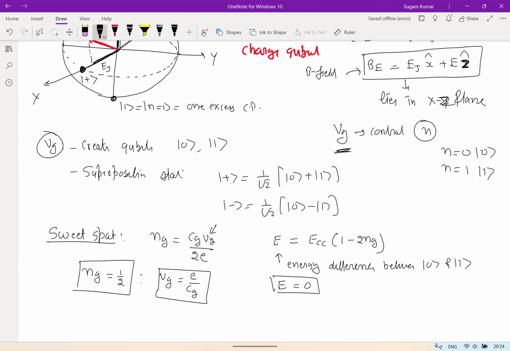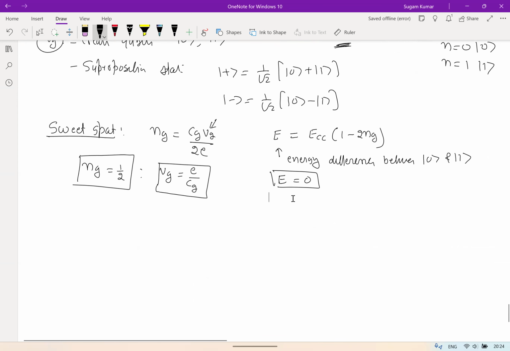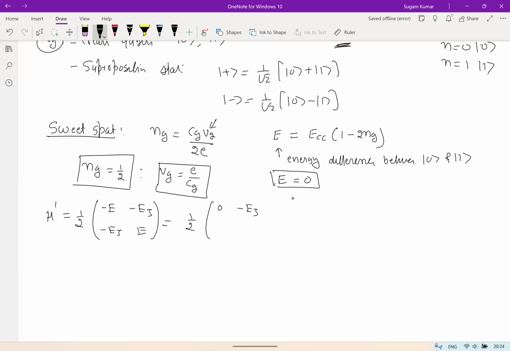If E becomes 0, then look at the Hamiltonian H dash, that is 1/2 times the matrix (E, minus E_J; minus E_J, minus E). So this is going to become 1/2 times (0, minus E_J; minus E_J, 0).